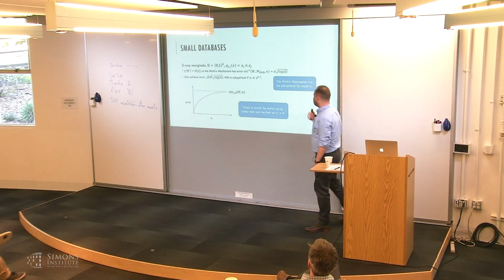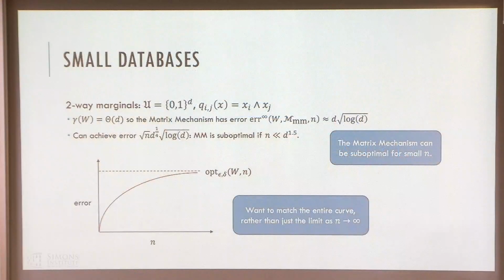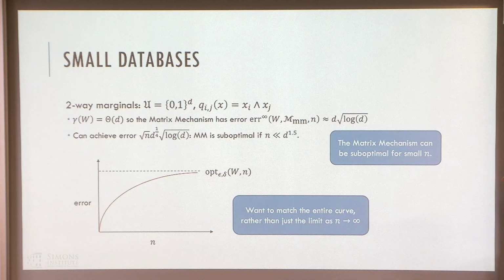All right, so I ended on this note that we have this matrix mechanism, which in some sense is the best you can do if you have a very large database. But when you have a small database, there are better things you can do.